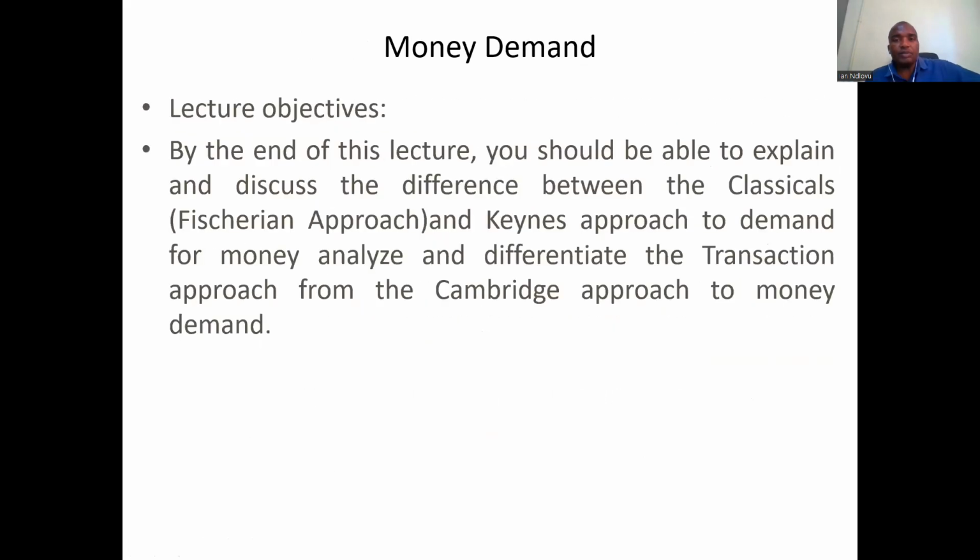So I want to now explore the concept of money demand very quickly. The objective of this lecture or exposition is that the students should be able to explain and discuss the difference between the classicalist, that is the Fisherian approach, and the Keynes approach to demand for money.